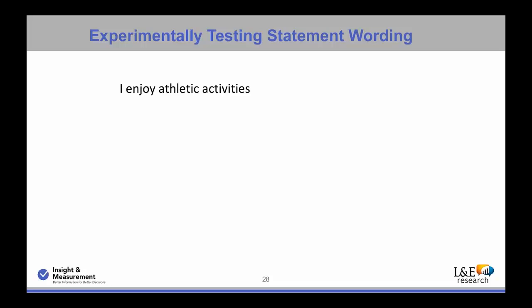Here's a typical item that you might see. We want to get people in here who enjoy athletic activities. The problem with this is, I know I don't need to pretest this because I've done enough of that. I can hear a person right now saying, yeah, I had a hard time answering this because I hated sports growing up. I was really awkward.